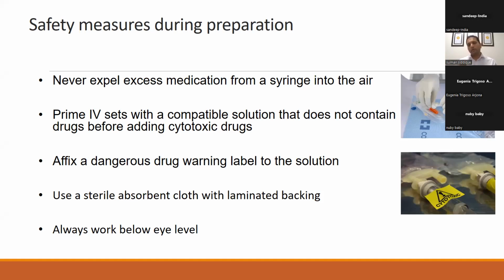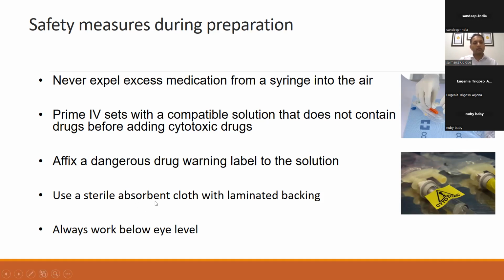Before you add cyclophosphamide in the bag, you should prime the IV set beforehand so that the IV set contains normal saline, and then you add cyclophosphamide in the bag. Affix a danger drug warning label to the solution. As you can see in this second picture on the bottom, there is a label attached which says cytotoxic.